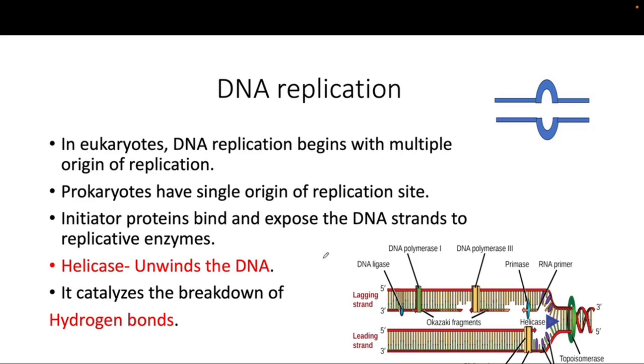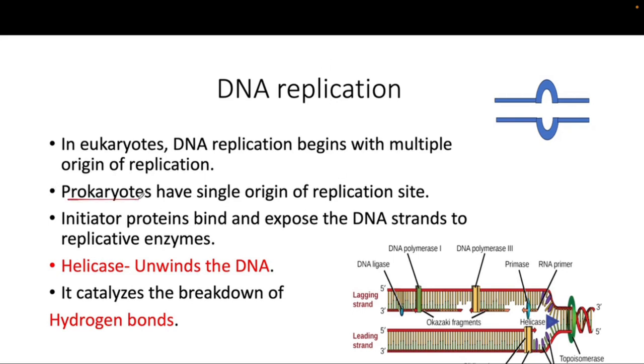In eukaryotes, the replication process begins with multiple origins of replication. Recall that eukaryotic DNA is linear and long, so it makes sense to have multiple origins of replication, which allows them to replicate faster because the DNA can be synthesized simultaneously.